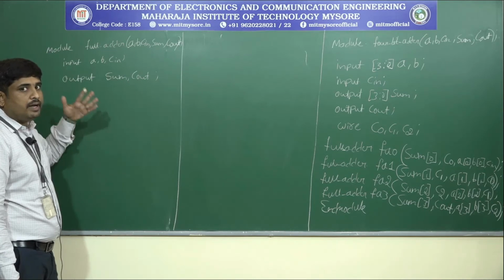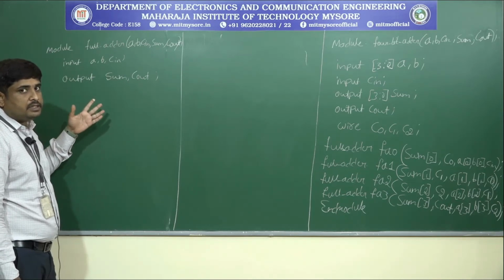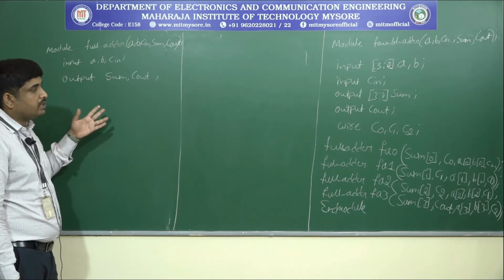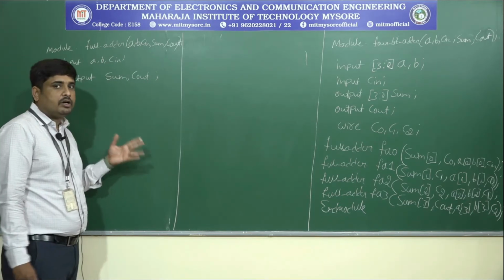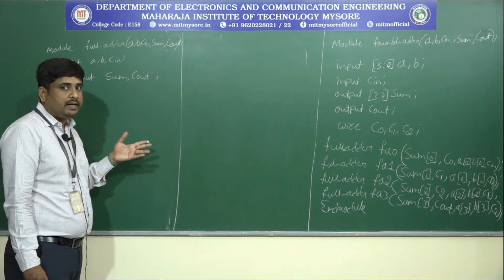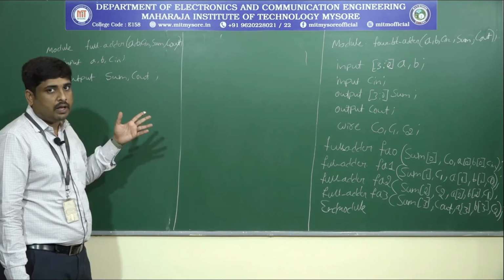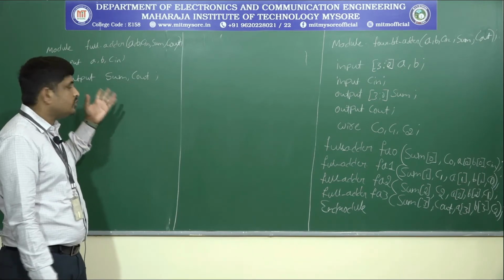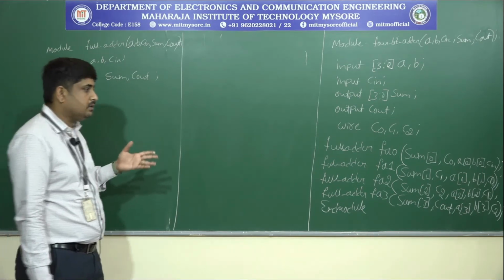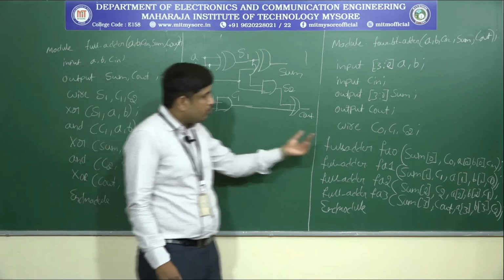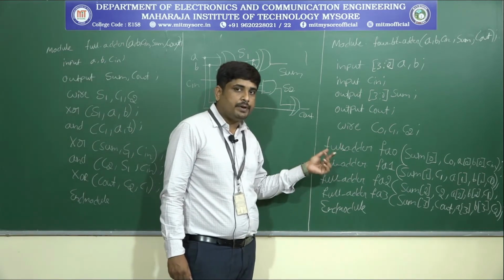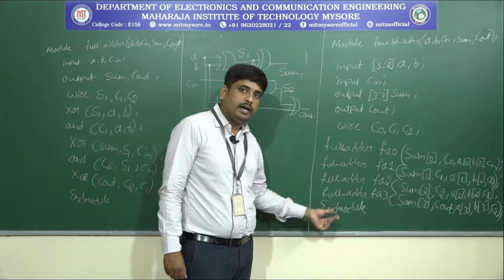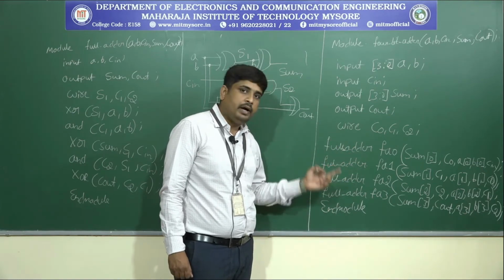We already discussed in the previous class the operation of a full adder circuit. In that full adder circuit there are two XOR gates, two AND gates and one OR gate. Based on that diagram we have to assume intermediate signals, because here we have not mentioned any logical operation, we just have to instantiate all the full adders, that is FA0, FA1, FA2 and FA3.